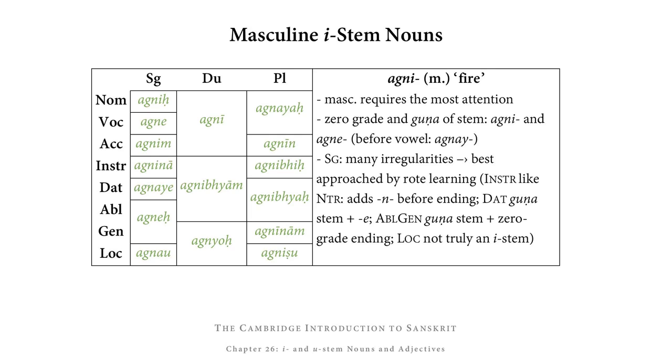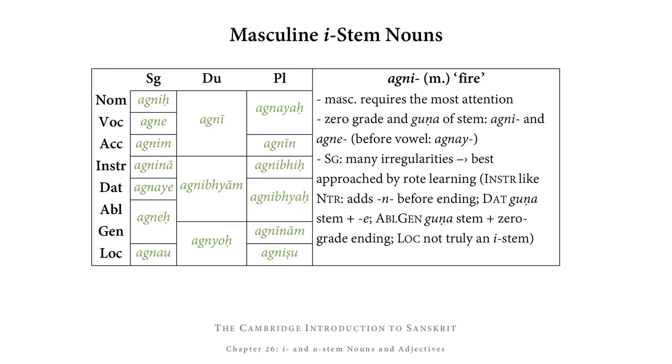The vocative singular has just the stem, but the stem in guna, so we get agne. This is loosely parallel to what we find in short A-stem nouns. There we had, for example, of naraḥ, the vocative nara, but that was just the vocative, no change in stem or anything like that. Here we have the vocative, but in guna, so agne.